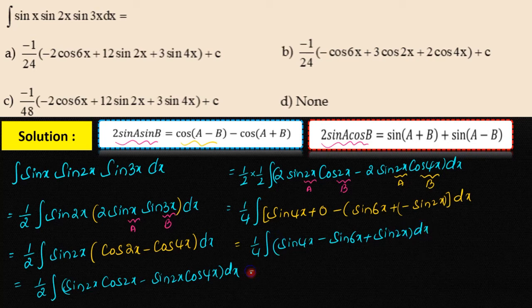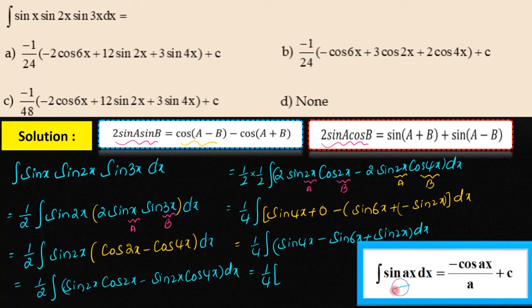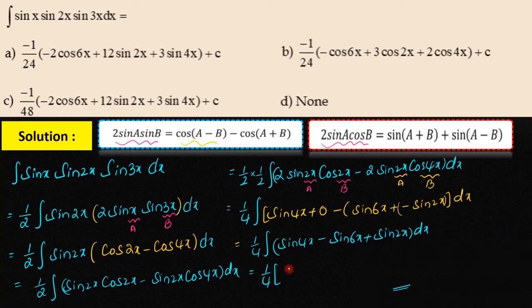into dx. This equals to 1 by 4 into integral sin 4x dx. We know that integration of sin ax is equals to minus cos ax by a. So here minus cos 4x divided by 4 minus of integration of sin 6x is minus cos 6x divided by 6 plus integration of sin 2x is minus cos 2x divided by 2.